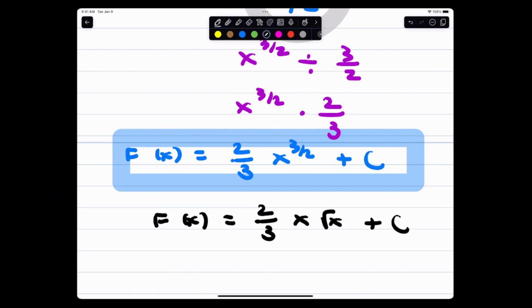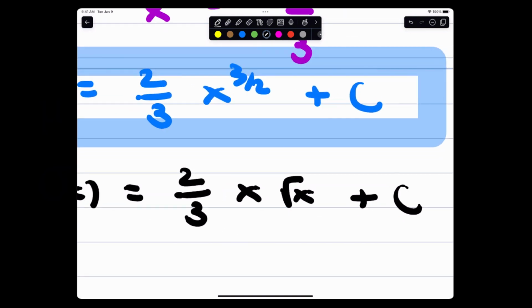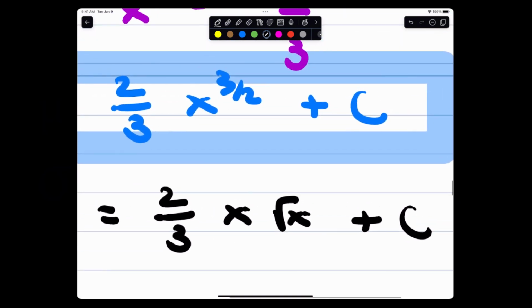This answer. Why do you guys think you see this answer? You go, I thought it was x to the 3/2, and I'll say it is x to the 3/2. But what did they do? Do you guys know? Didn't they simplify?